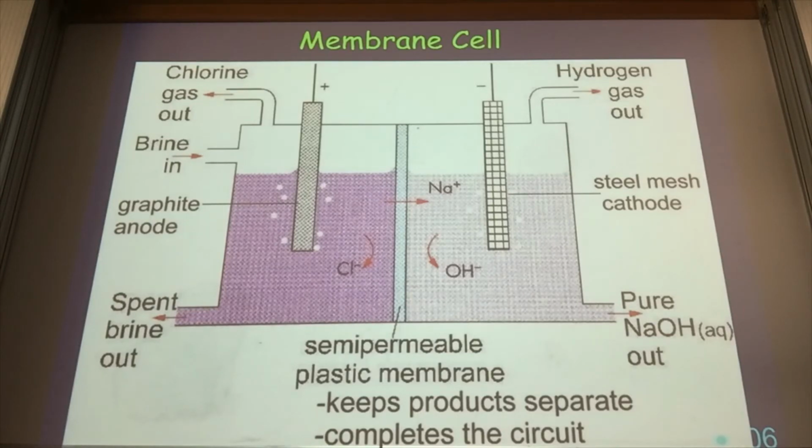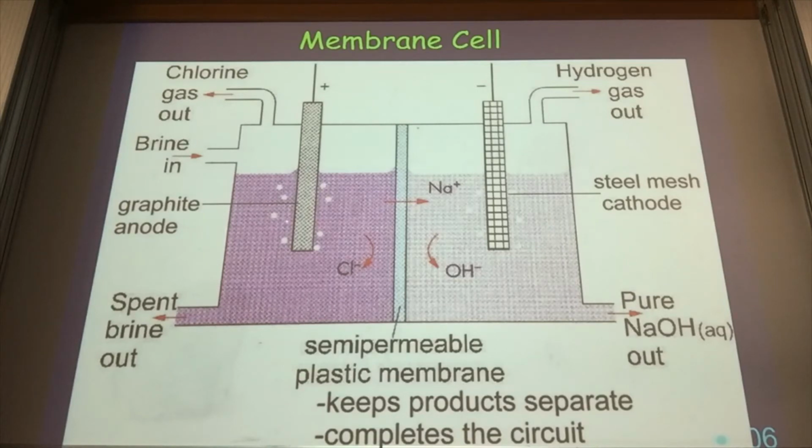Now we've got, similar to the molten electrolyte version, the Downs cell, a steel cathode with a mesh to give it a high surface area. Steel is good and conductive and cheap and strong. However, our anode has to be made of graphite because you can't have steel or else it'll be oxidised again.